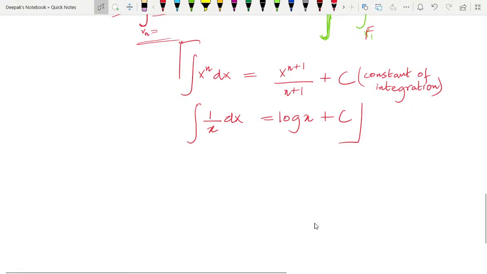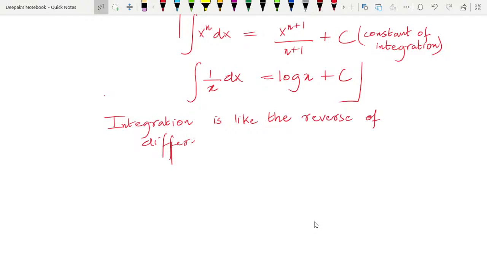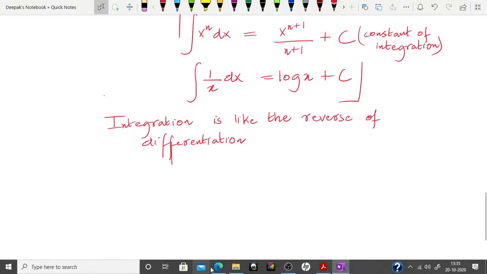So integration is like the reverse of differentiation. Is this part clear? Okay, integration is like the reverse of differentiation. Is it clear?